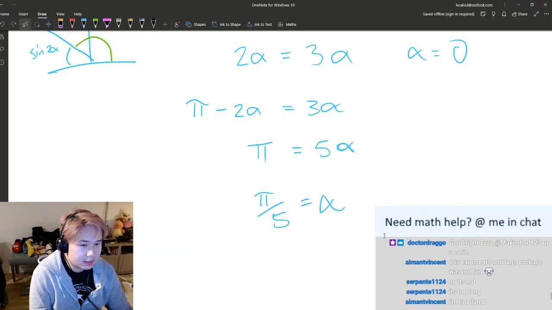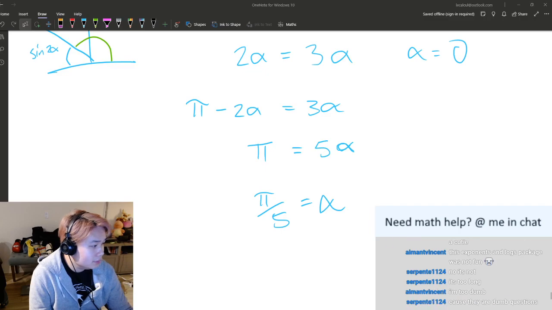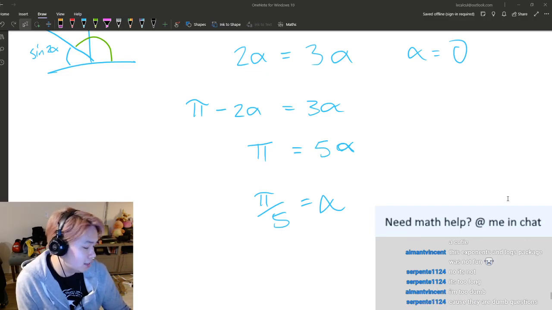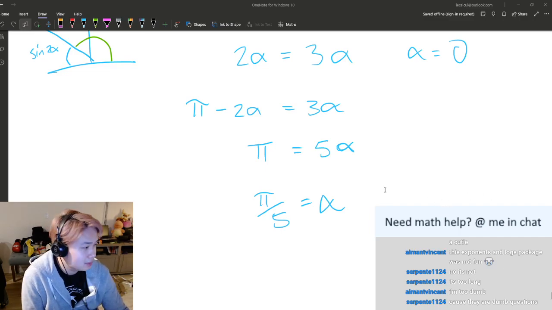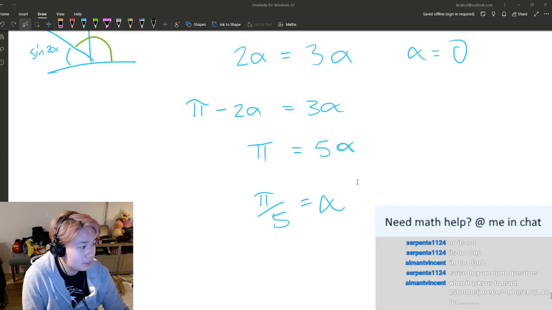And then this, you could have many multiples of this. Because they're dumb questions. When it asks you to graph that, isn't it just a graphing calculator question?